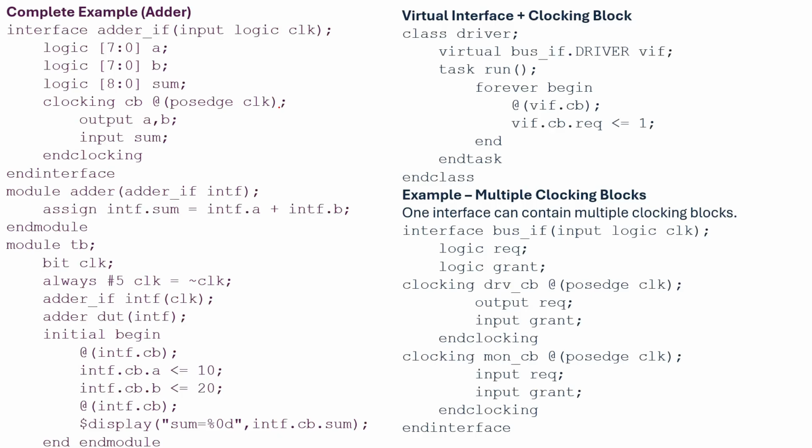That means the driver is driving the signals, which is related to the TB. And the monitor is also related to the TB: modport monitor with clocking block, mon CB. In this way, we can represent that.